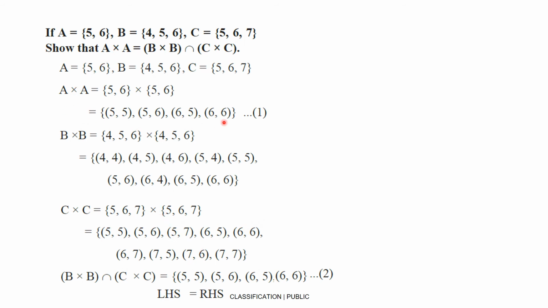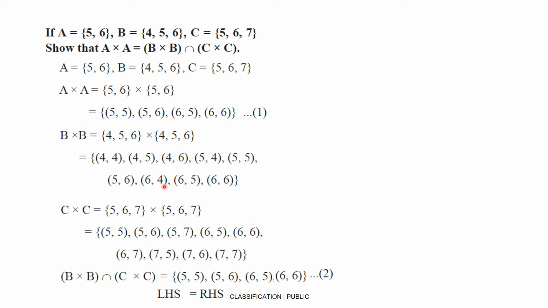You see that first equation, and then the intersection of B cross B and C cross C. In these two sets, we have to take the common elements. You refer to it. Any number? No. (5, 5), okay, here. Next (5, 6), here also they are common.